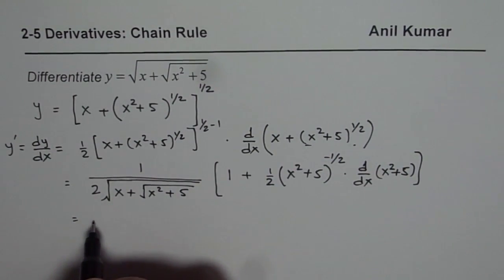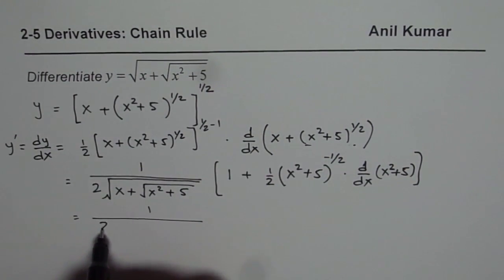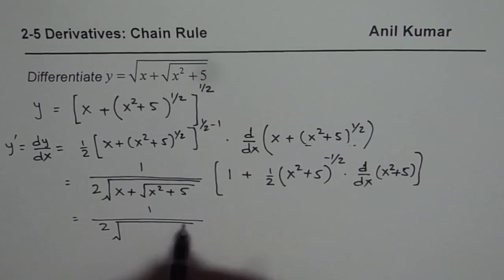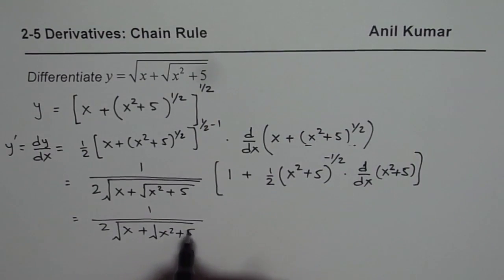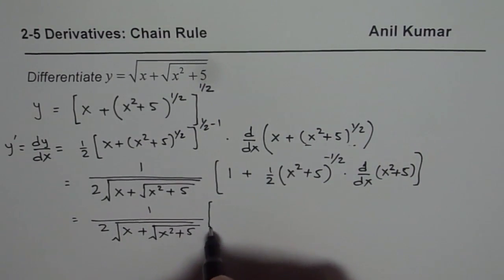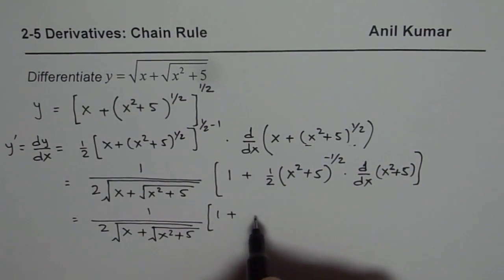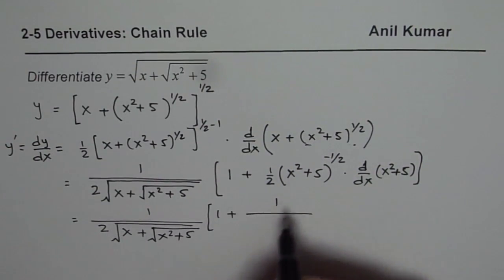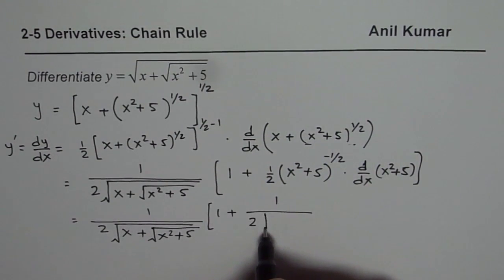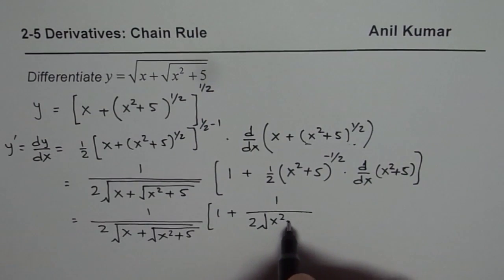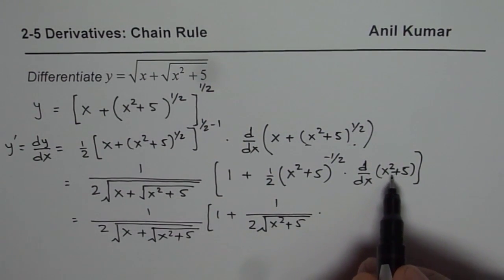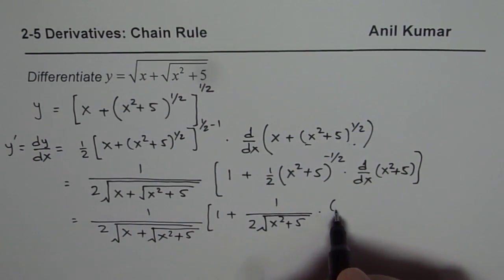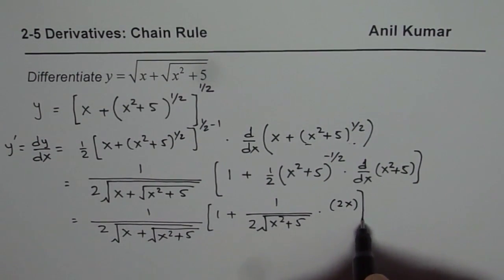Now let me write this as 1 over 2 square root of x plus square root of x squared plus 5. And here we have 1 plus. So we again have 1 over 2 square root of x squared plus 5 times derivative of this function, which is 2x, right, times 2x, correct?